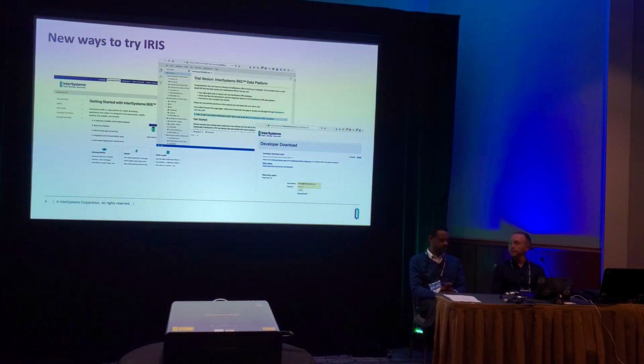And the previous version of Community Edition was limited to 2 or 3 namespaces, which didn't allow you to install everything you needed to run some of the healthcare stuff, the FHIR libraries, things like that. All that has been relaxed, so that now you can do anything you can do on a full production platform, you can experiment with in the Community Edition.